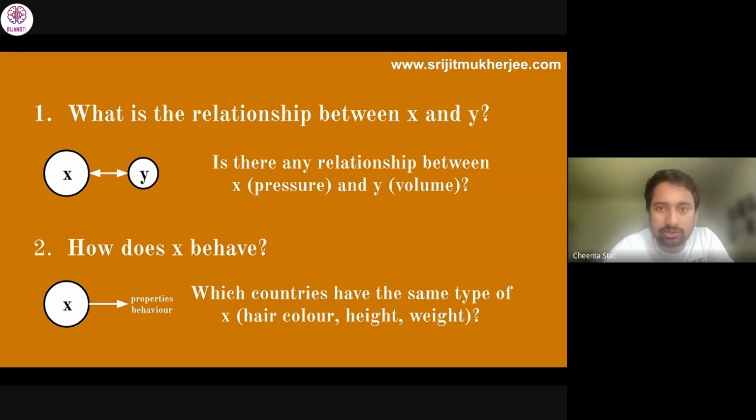Europe, North America, and Australia have the same kind of features. Asian people have similar features, African people have similar features. So it's a behavior of hair color, height, and weight together, similar in certain places. So it's a behavior of this whole X, the set of variables: hair color, height, and weight.